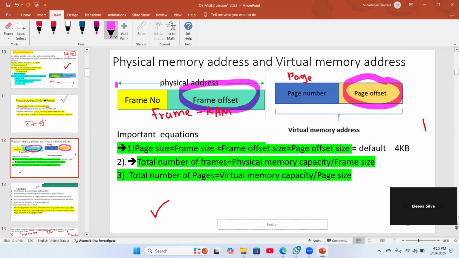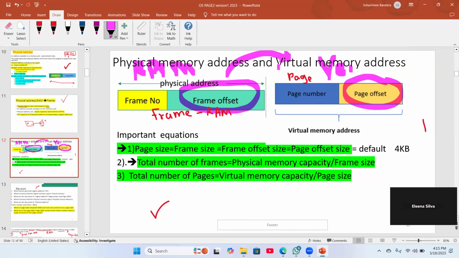Why? Here it's in the random access memory. From RAM to virtual memory, the paging file is moving. So the paging file is moving from RAM to virtual memory as well as from virtual memory to random access memory, both sides.